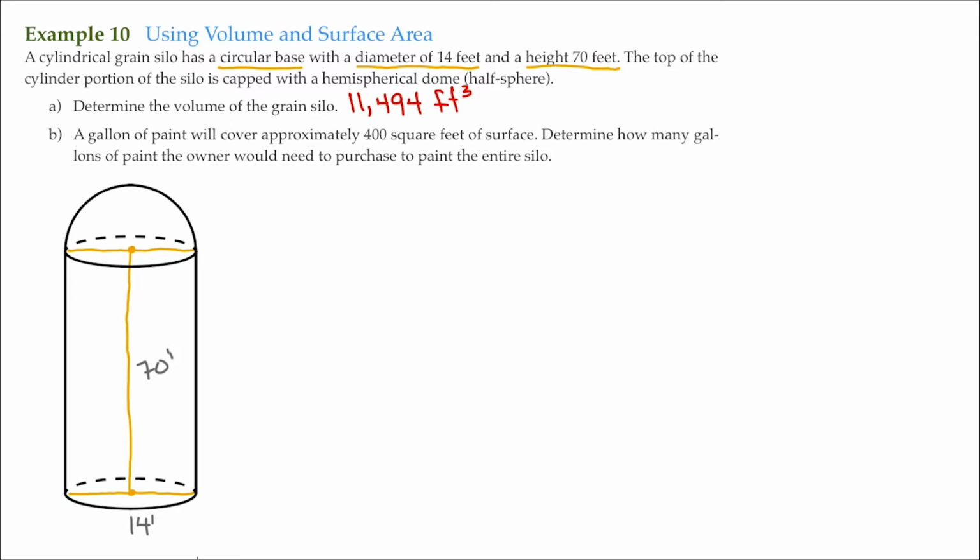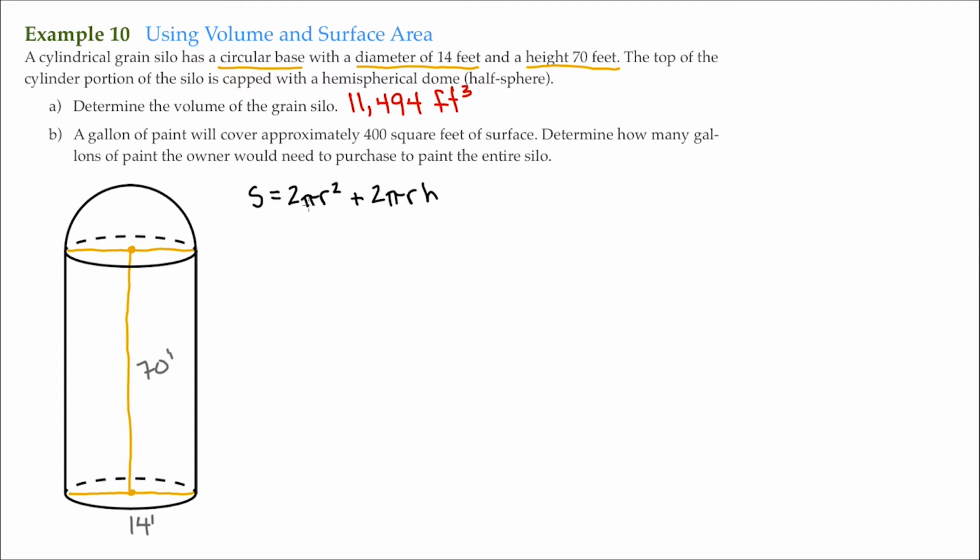So the surface area of a cylinder, that's S, that's 2 pi r squared plus 2 pi r h. Now if you look at this formula here, pi r squared again is the area of a circle.